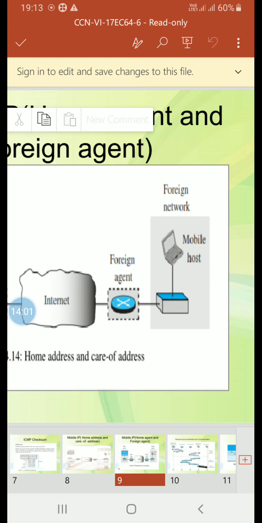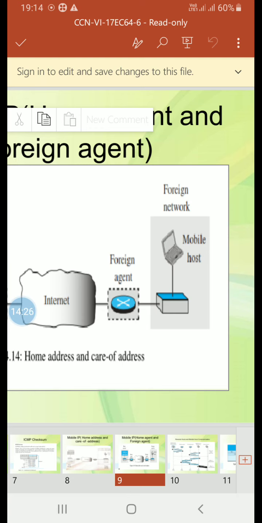The mobile host needs the necessary software to communicate with the home agent and to have two addresses, its home address and its care-of address. This dual addressing must be transparent to the application program.